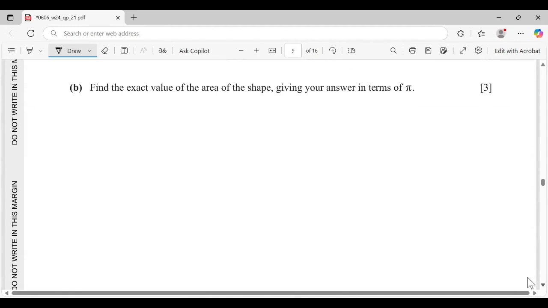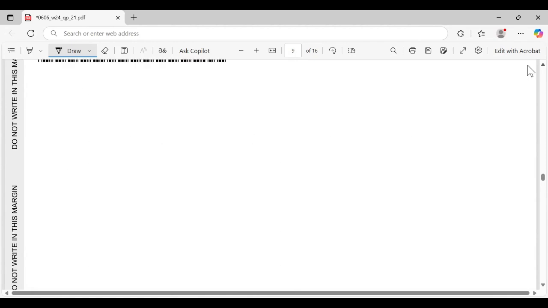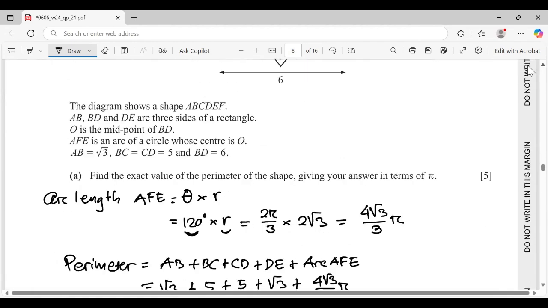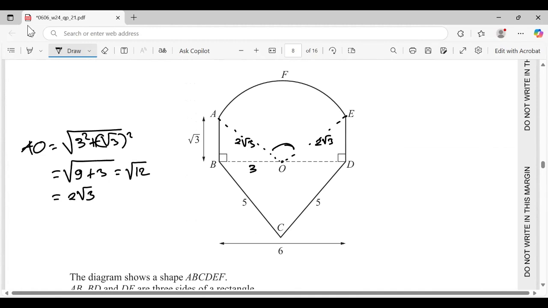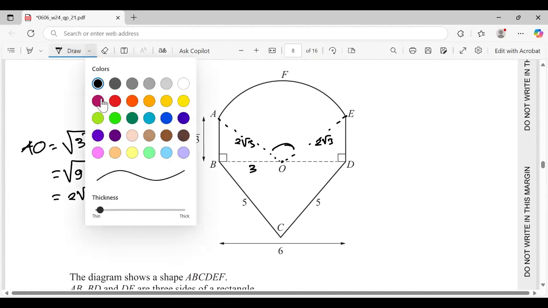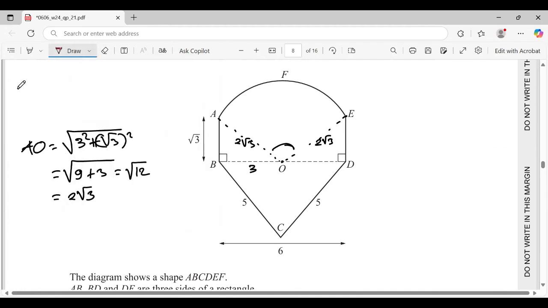Find the exact value of the area of the shape, giving your answer in terms of pi. Okay. I would like to divide this diagram into 3 parts. First, we will find the area of this sector.